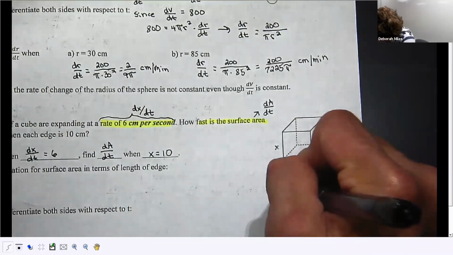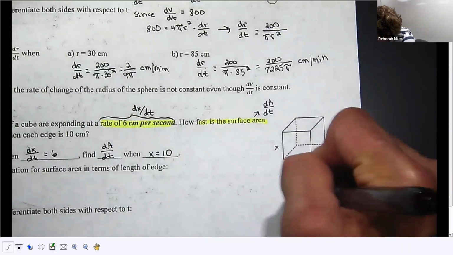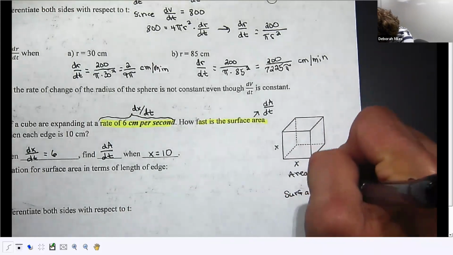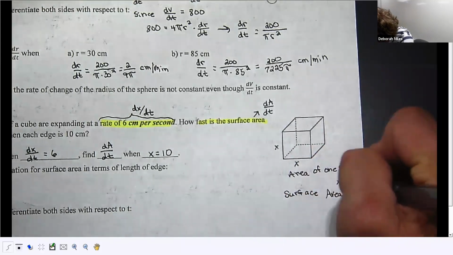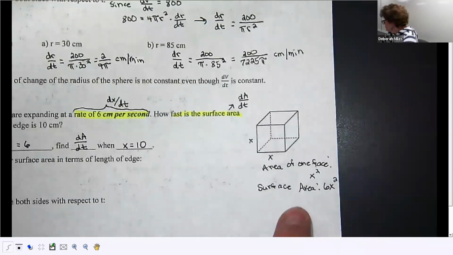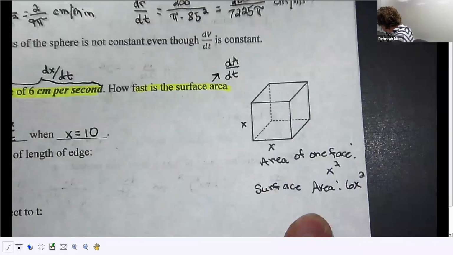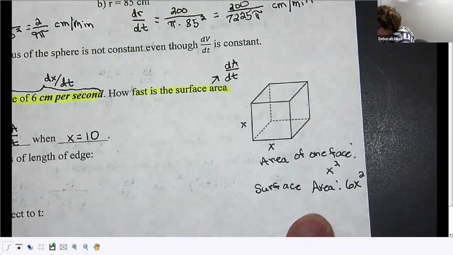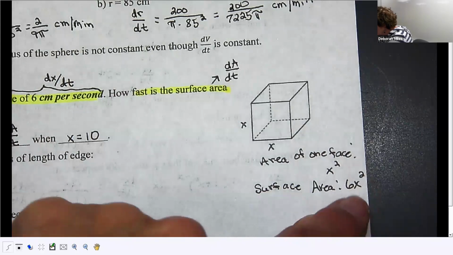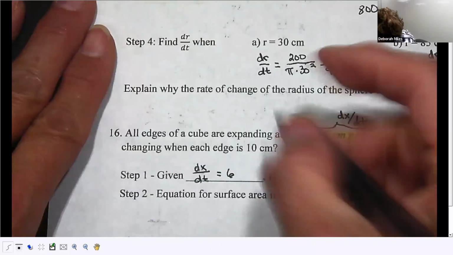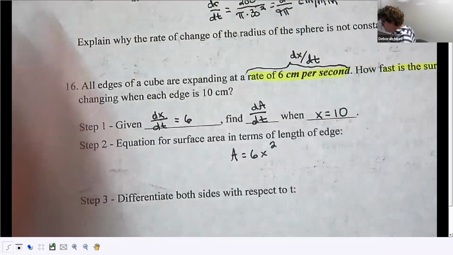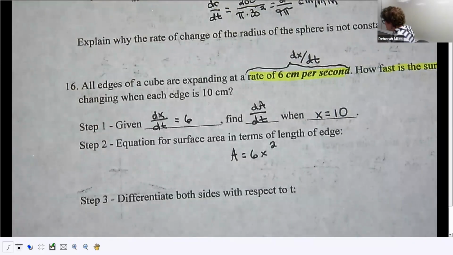And the surface area, how many sides does that die have? So an equation for surface area in terms of the length of one side would be A equals 6x squared. And that's a formula I would not give you because you can figure it out.